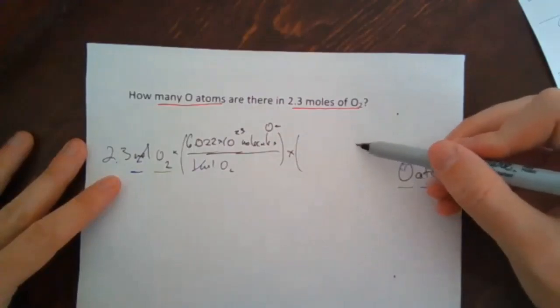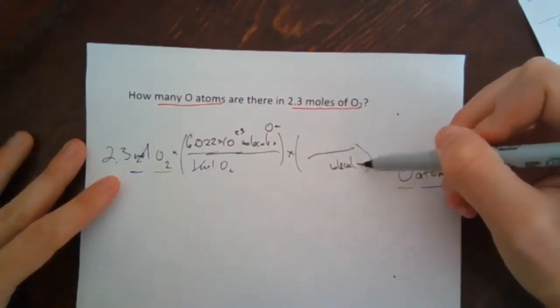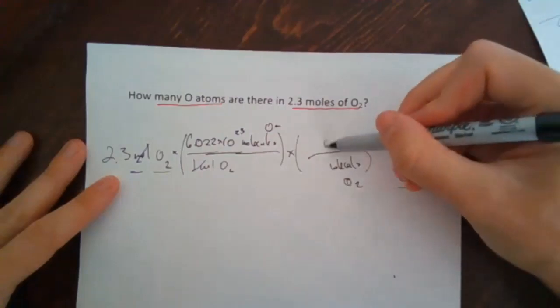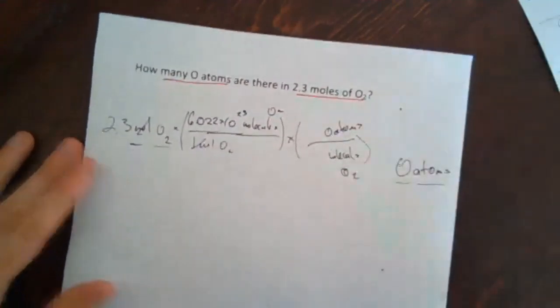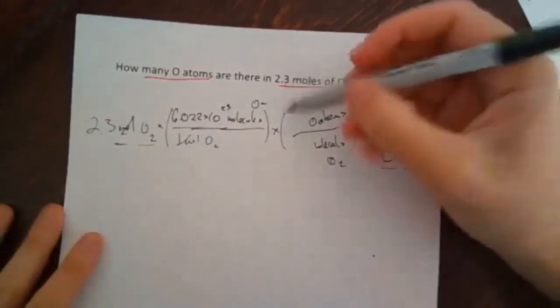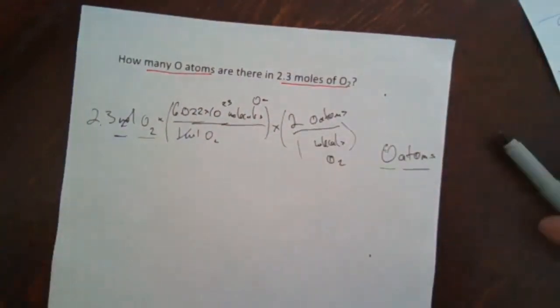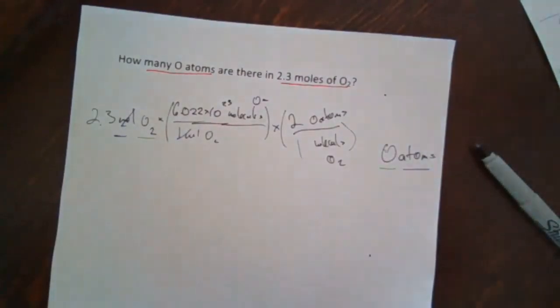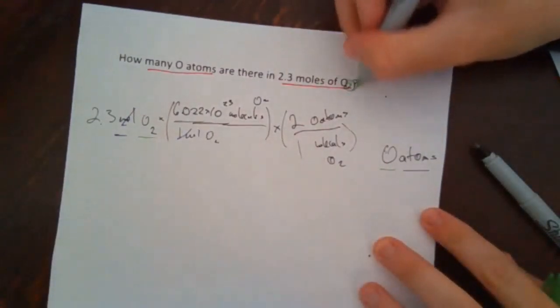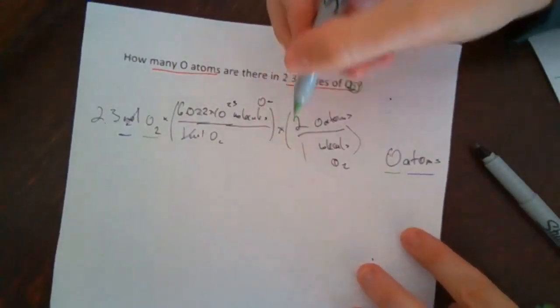Now I need to take care of the fact that I want to go from molecules of O2 to O atoms. I know that it's going to be 2 O atoms for every 1 molecule. That 2 comes from right there, the 2 in the molecular formula.